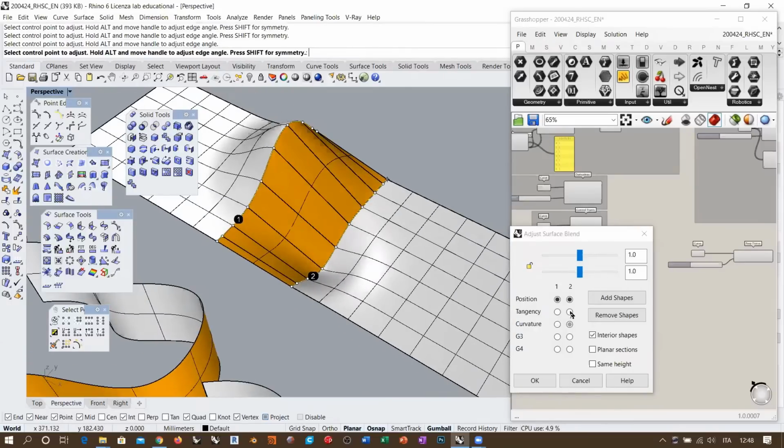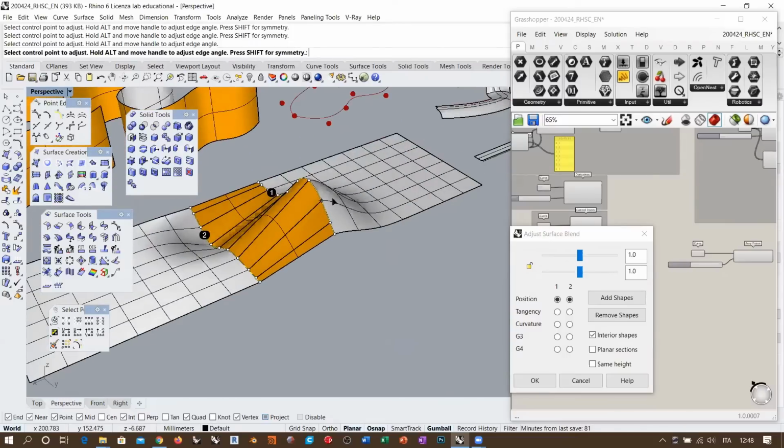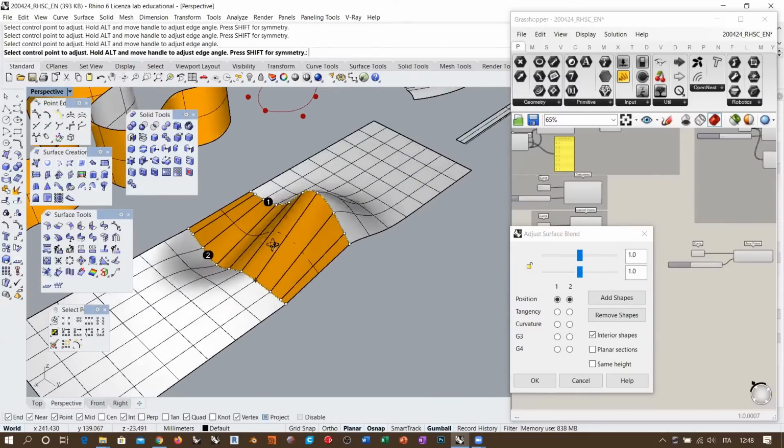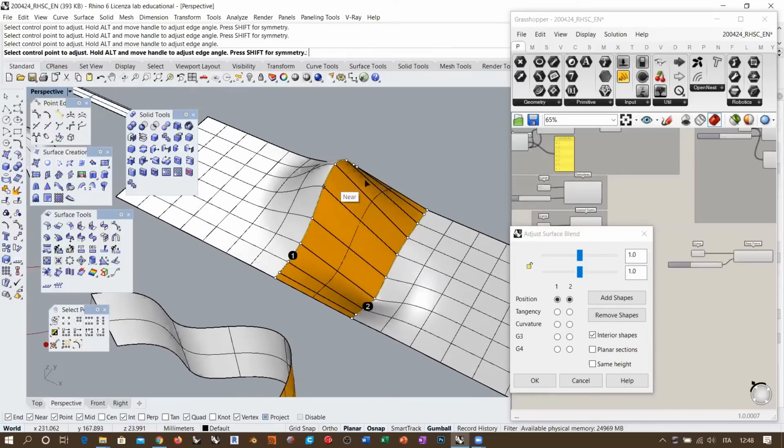If I want position, position, I get this simply straight cross section connecting the two opposite edges. It is like using a sweep to rail, if you think about it, because you have the two rails, which are the opposite edges, and then you have this line coming out from the blend, which is basically a connection line created with the desired level of continuity.